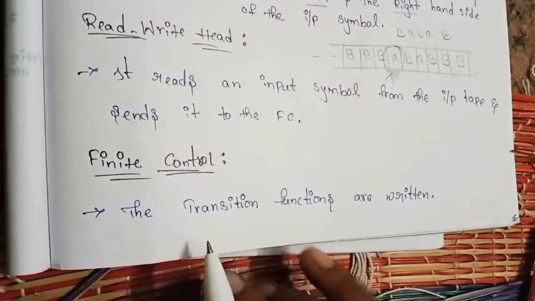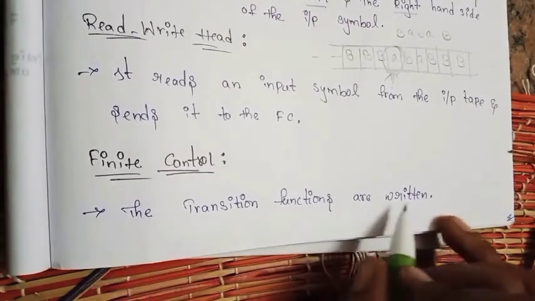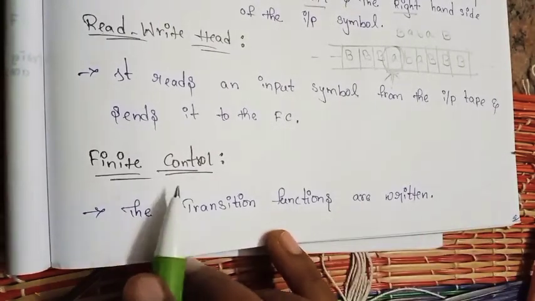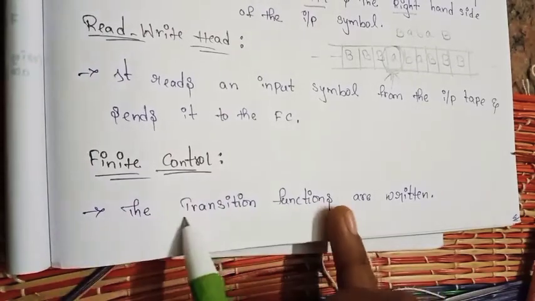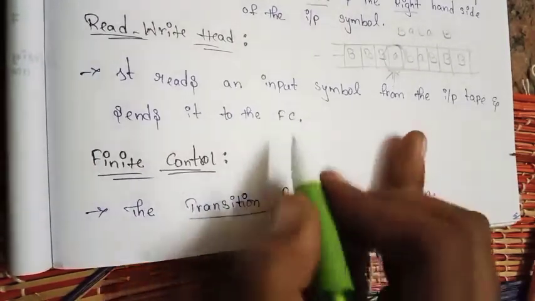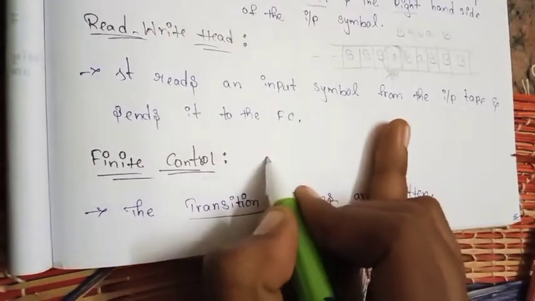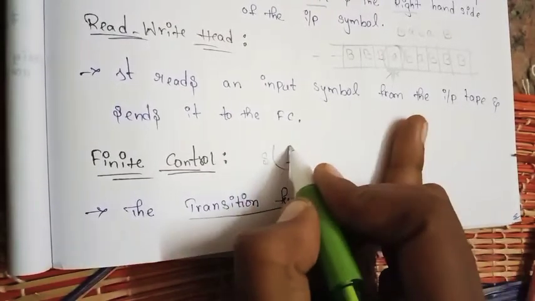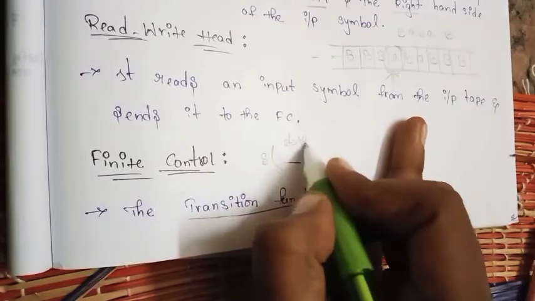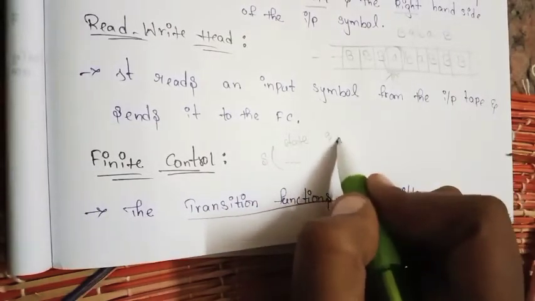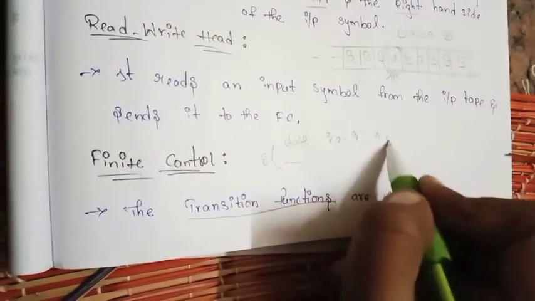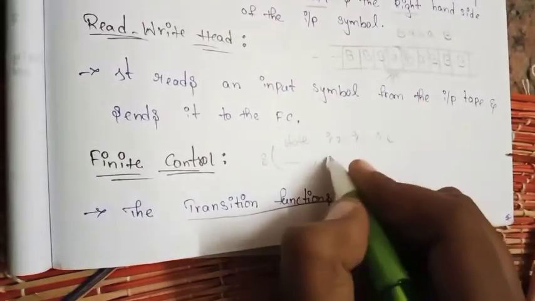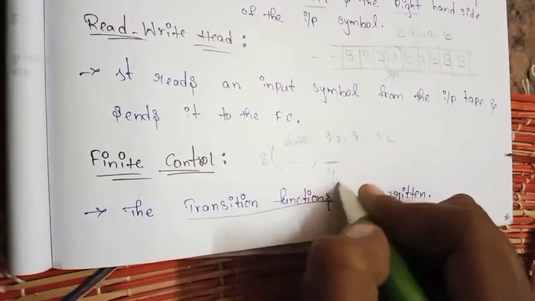Then see what is meant by finite control. The transition functions are written in finite control. By using the finite control, we will write the transition functions. Transition function means, guys, here we use delta, and this is the state. States means Q0, Q1, Q2, and here is the place for the input symbol.